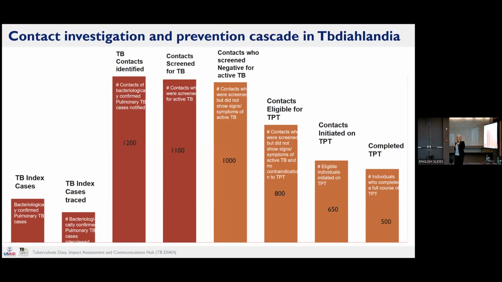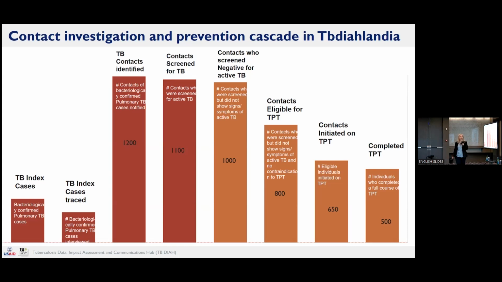And here is our full cascade. Who wants to describe this cascade, the entire situation? So everything starts with the TB index cases, and there were, for example, 200 bacteriologically confirmed. Out of them, we have 1,200 contacts.